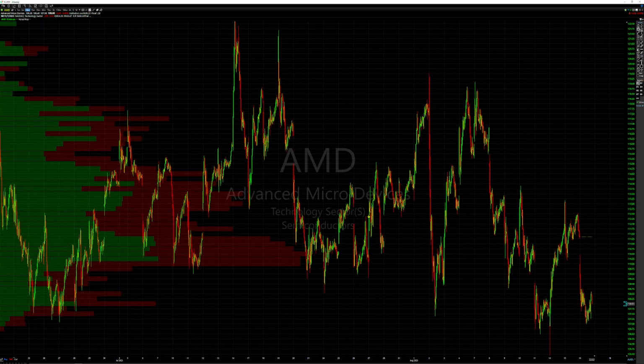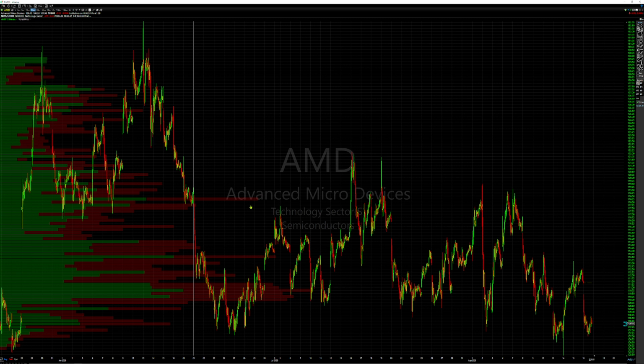And ideally, I want like a 25-cent spread, maybe a 10-cent spread if I can get it there on AMD. And then I'm gonna drop just an anchored VWAP right here on the breakdown to figure out where everyone is on average on the breakdown.